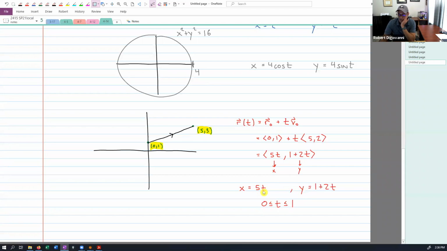You can check it for yourself. If you plug in 0 for t, you'll get 0, 1, which starts us here. And if you plug in 1, you'll get 5, 3, which ends us right here. And every value of t in between takes us across that line segment.